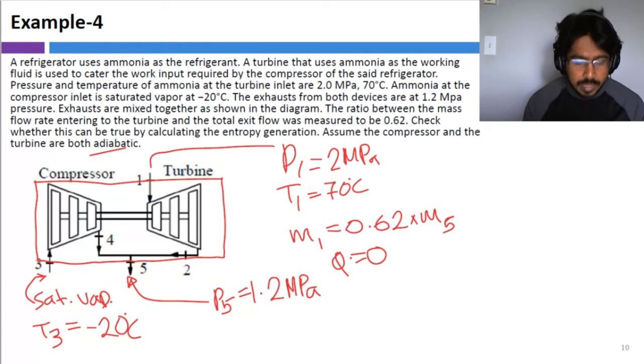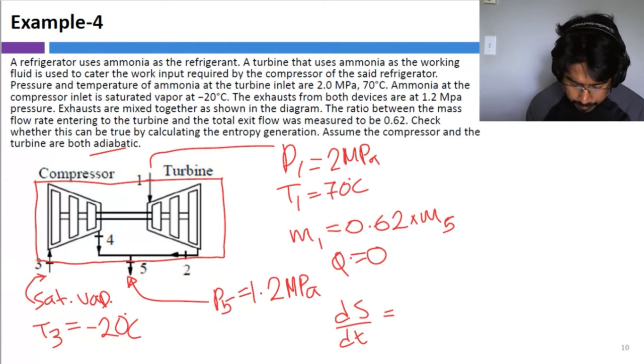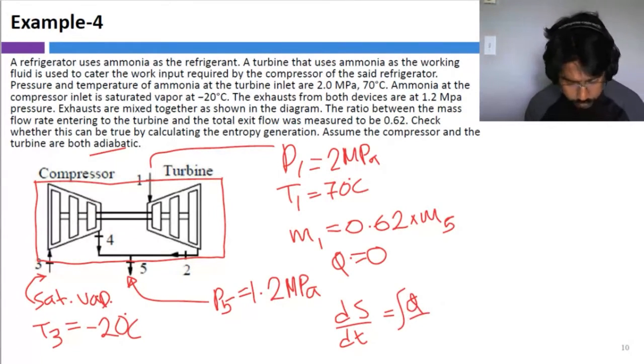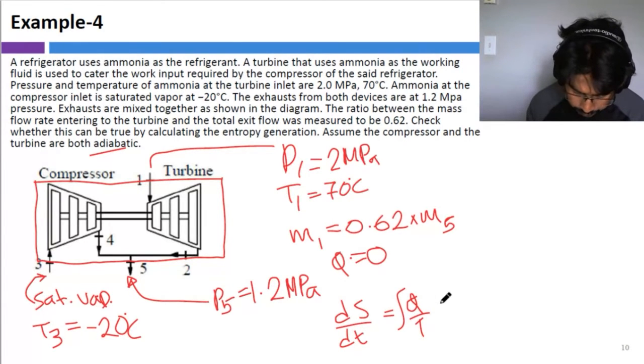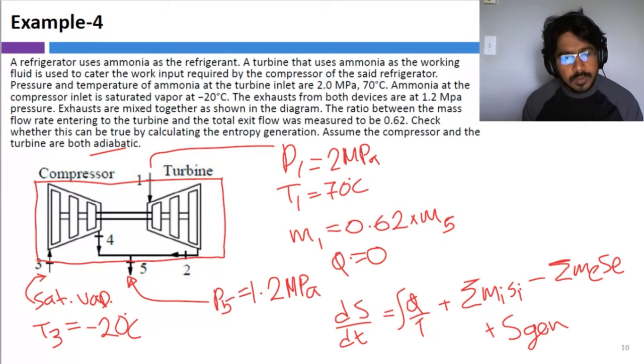For the whole system, if you write the entropy balance equation, dS/dt equals Q over T plus sigma m in times entropy in, minus sigma m out times entropy out, plus S generation.